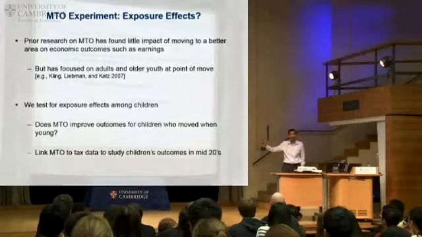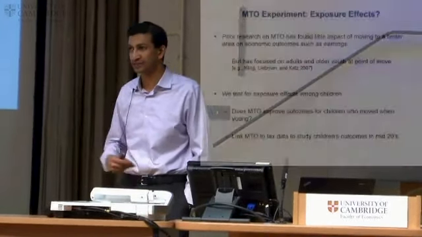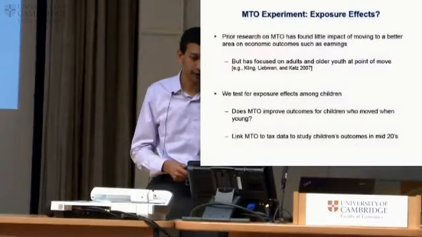So if you compare the earnings of adults living in the North Bronx versus living in Harlem, you don't actually find that much of a difference. Now, critically, that research has focused on adults and older youth at the point of the move. So adults and essentially teenagers who moved to these different areas.